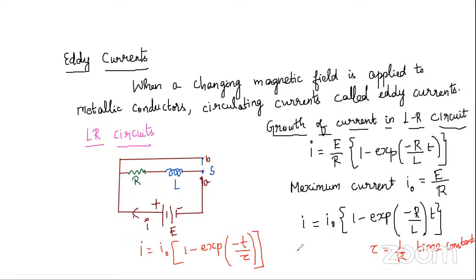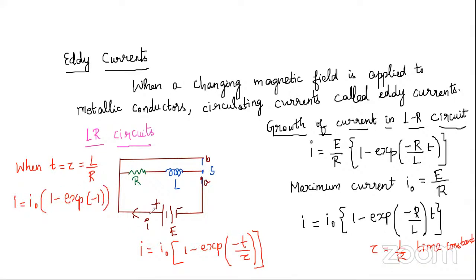So here, when the time t is equal to tau equal to L by R, what happens to the current? I equal to I0 into 1 minus exponential minus 1.